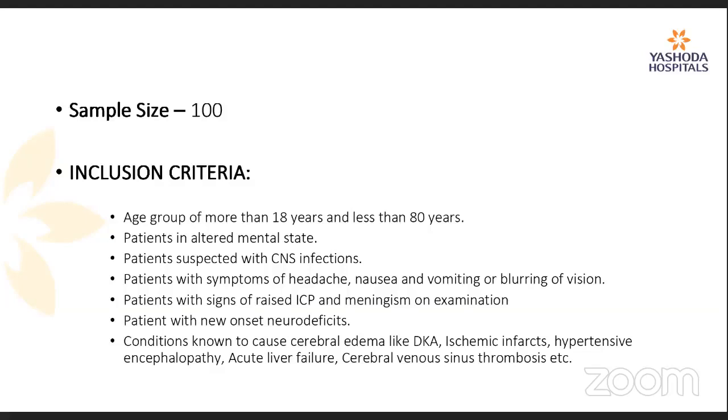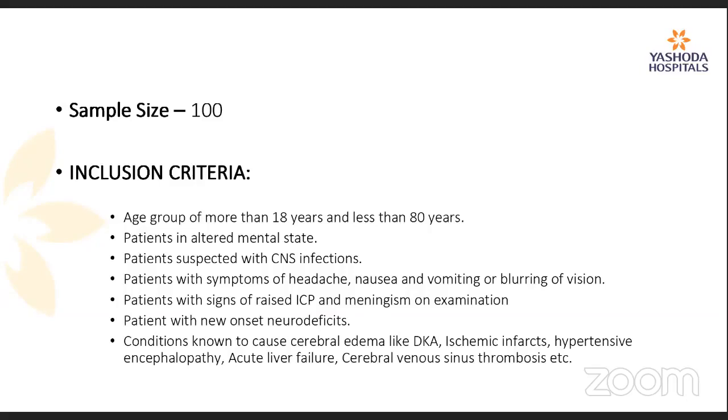These were patients who came with altered mental status, patients in whom we suspected meningitis or encephalitis, patients who were persistently vomiting, having non-resolving headaches, having blurring of vision, patients who showed signs of meningism on neurological examination, patients with some new onset neurodeficit like unresponsiveness or unilateral weakness, and also patients in whom cerebral edema has been shown to be a complication, like diabetic ketoacidosis, ischemic infarct, hypertensive encephalopathy, acute liver failure, cerebral sinus venous thrombosis, etc.